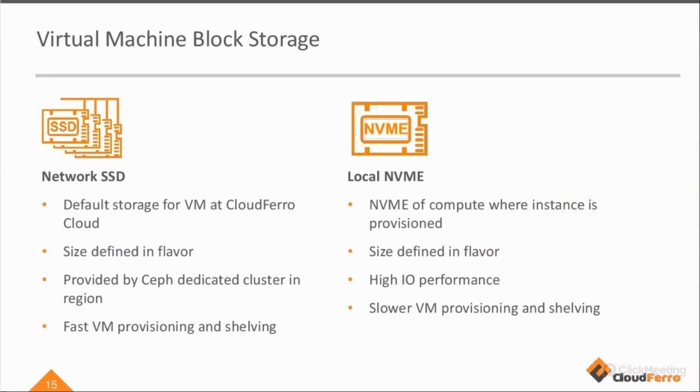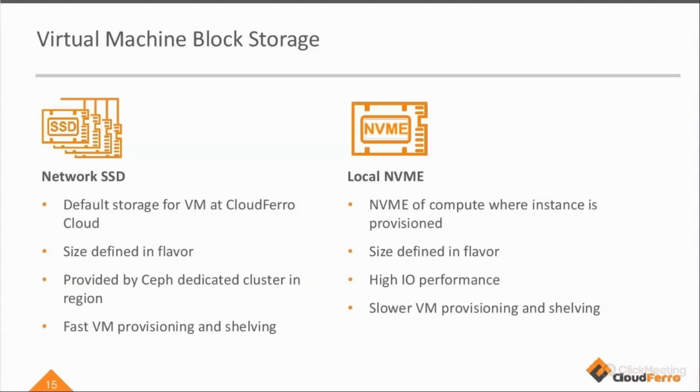Each virtual machine that is created in our cloud can have a system disk on two types of storage. One is the block storage mentioned before, available via network from a dedicated cluster with SSD hardware.